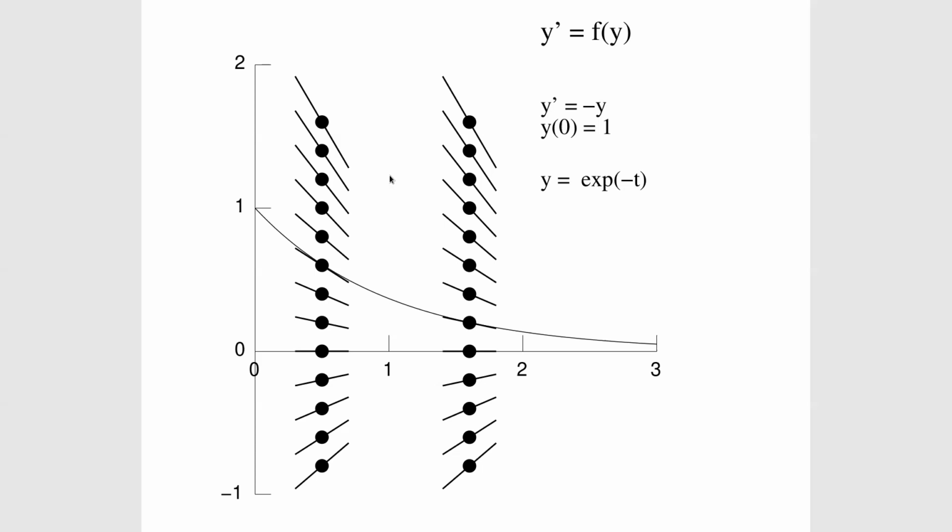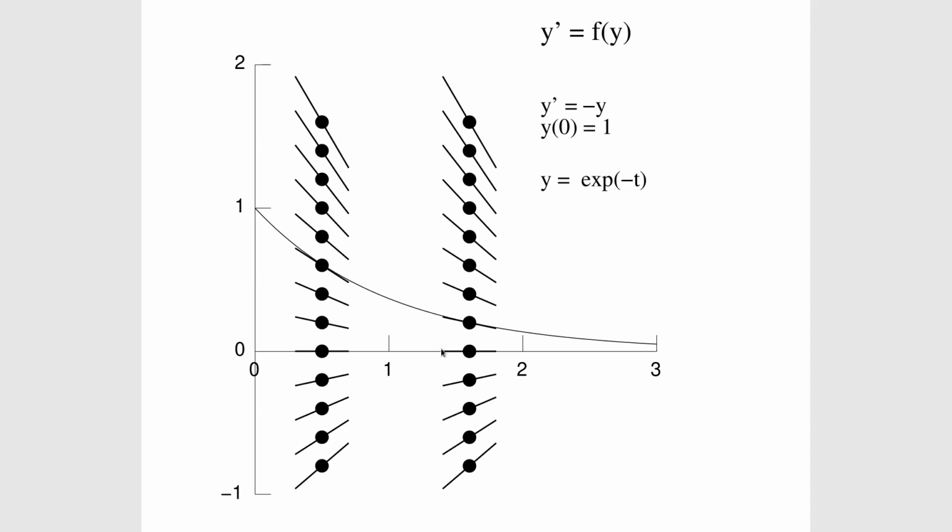So what this figure shows is that this differential equation defines a vector field, if you like. And by vector field, I mean that at every point in this plane, the vertical line passing through the origin represents time equals 0.